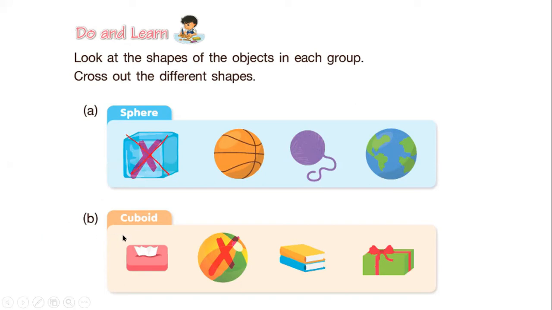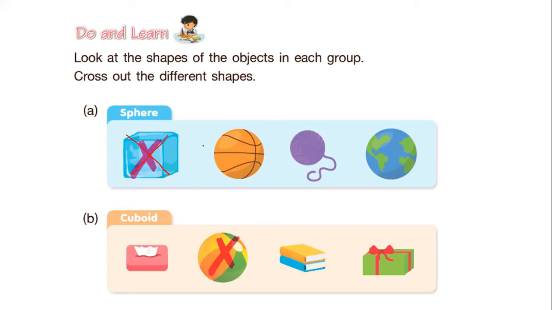Okay, B, cuboid. So look at this, it's like a cuboid, but this one is like a sphere. Okay, these are books. They're like a cuboid, and this is a gift box, and it's like a cuboid.